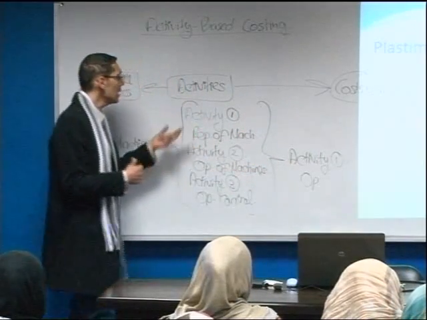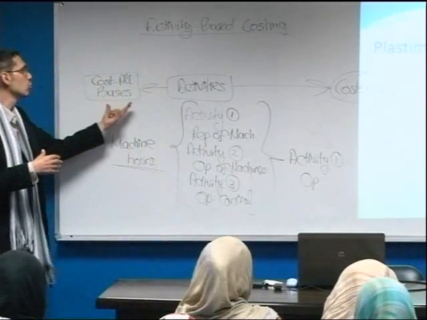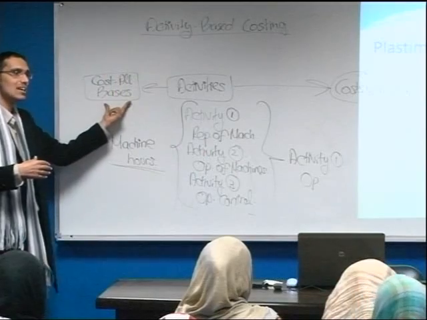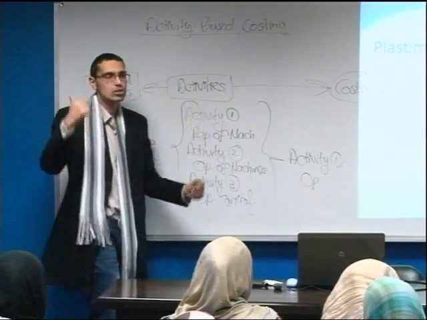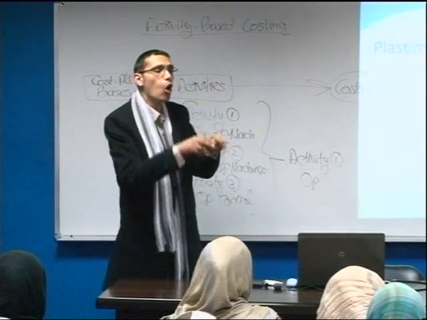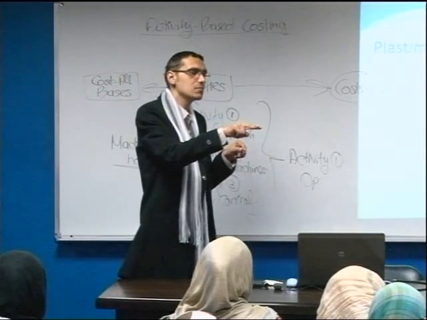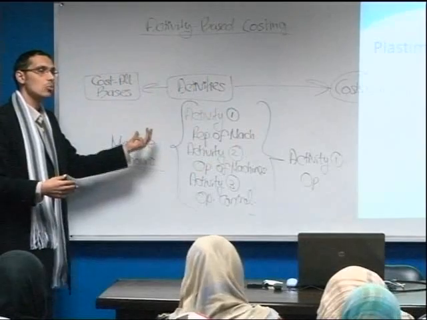That means here, in step number 3, we are going to choose the cost allocation basis according to the different activities, which is step number 4. And we said in Cost Accounting 1 that step number 3 and step number 4 also can be done at the same time. Here we are saying the same thing.